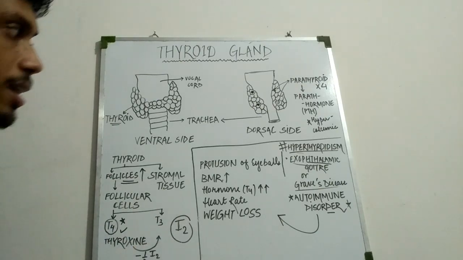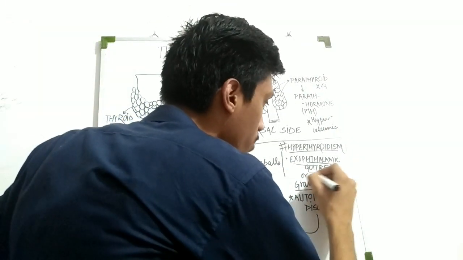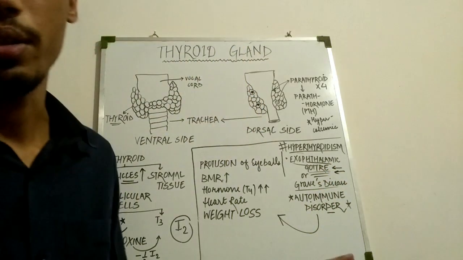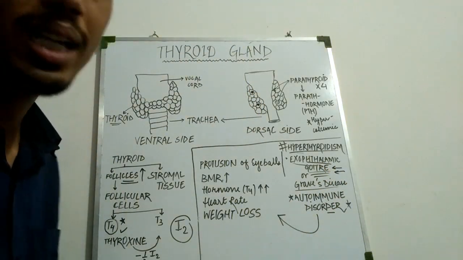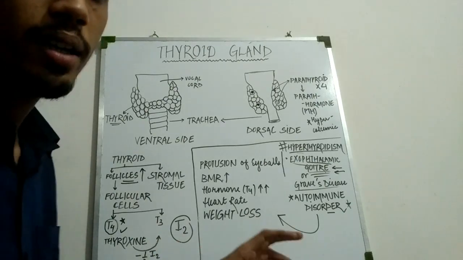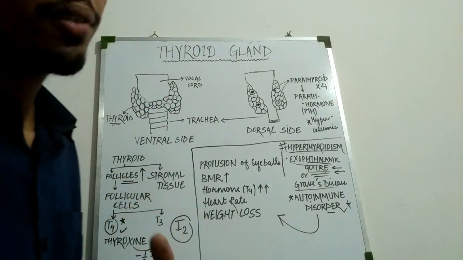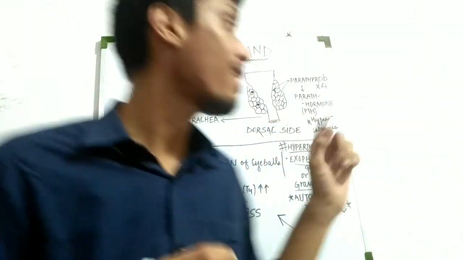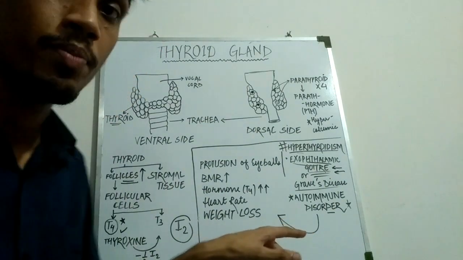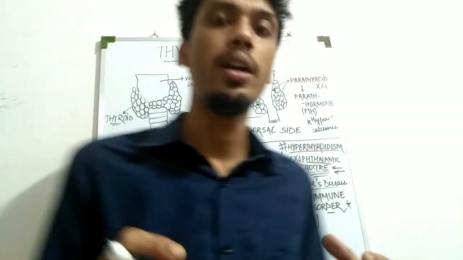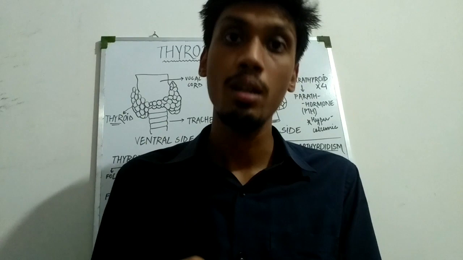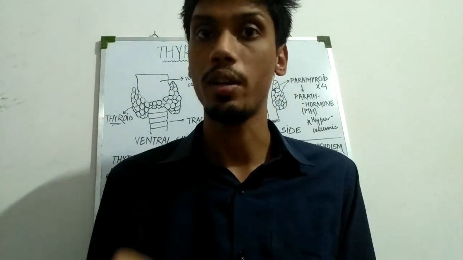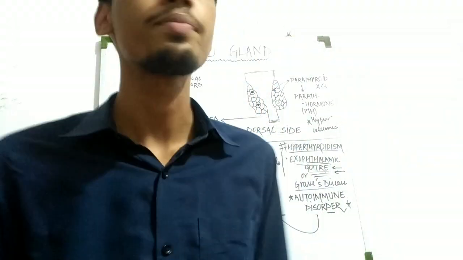Whenever we use the term goiter, it is always in reference to the thyroid gland swelling up, and that happens here too. The only difference is that in simple goiter it is due to deficiency of iodine, but in exophthalmic goiter it is due to the hyperthyroidism phenomenon.